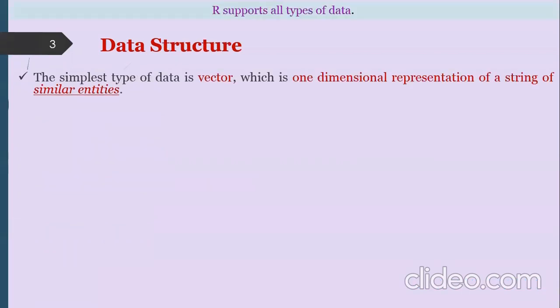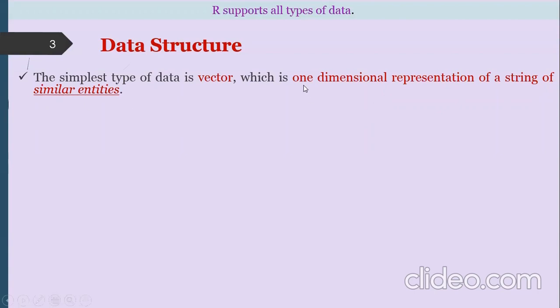Basically, we more often face different things in data structures, and the first definition is vector. We use vectors very often in data structures and in data science. A vector is a one-dimensional representation of a string of similar entities.